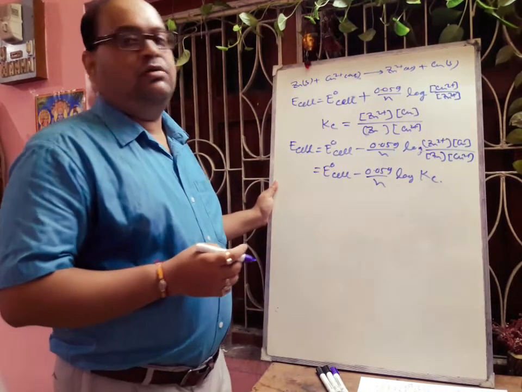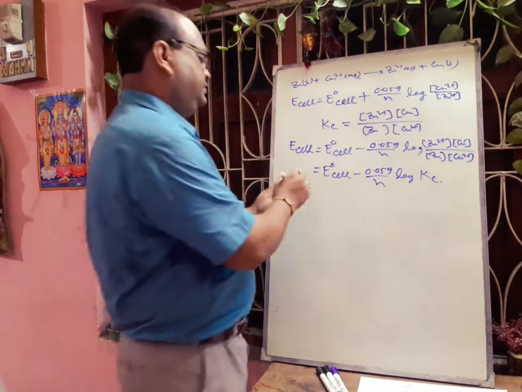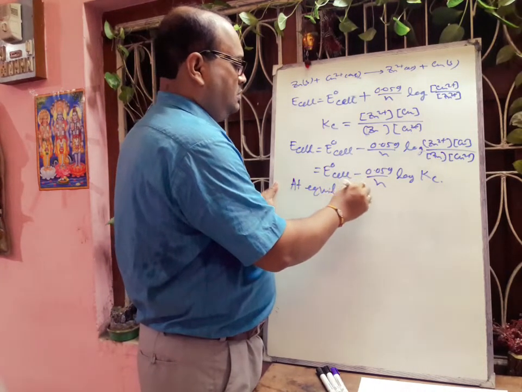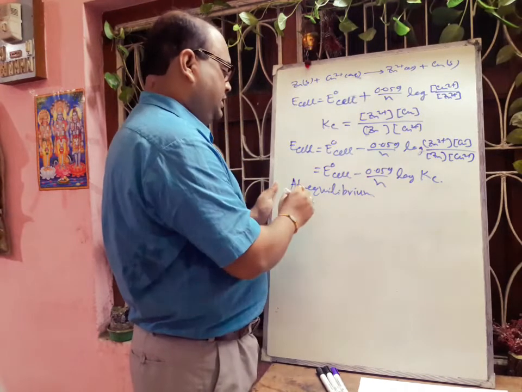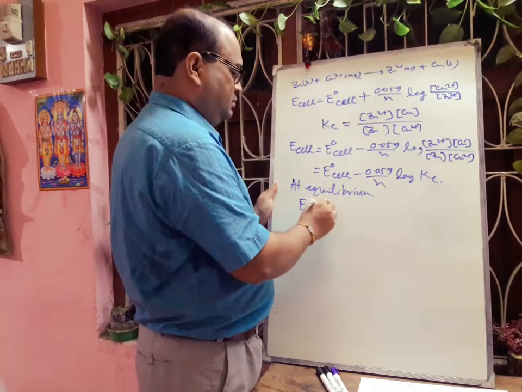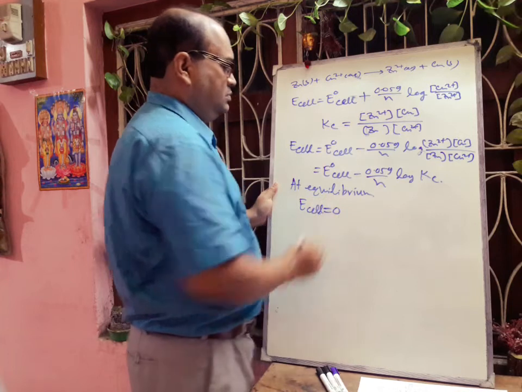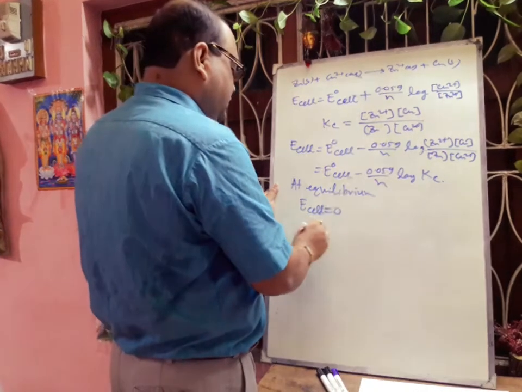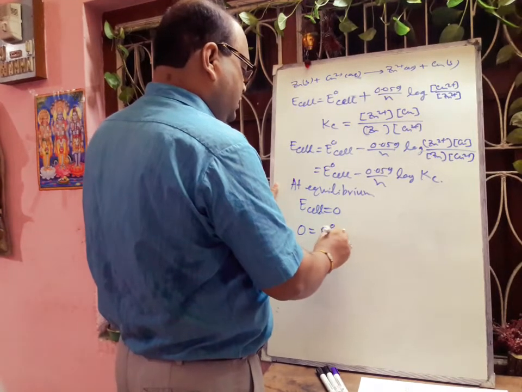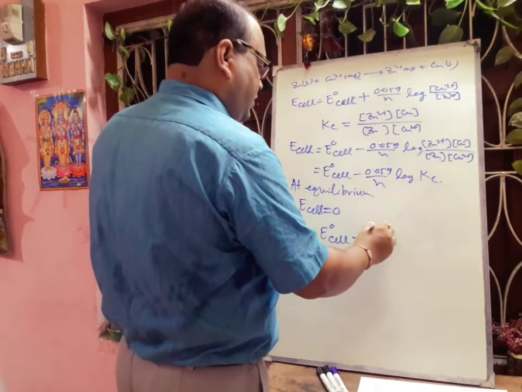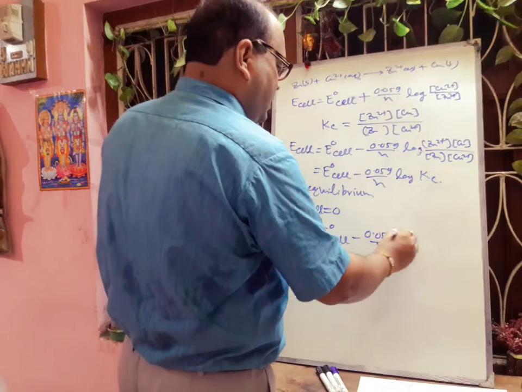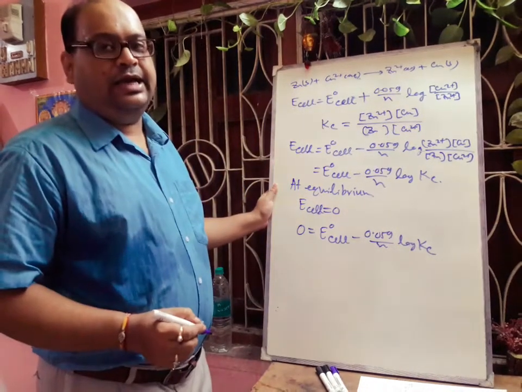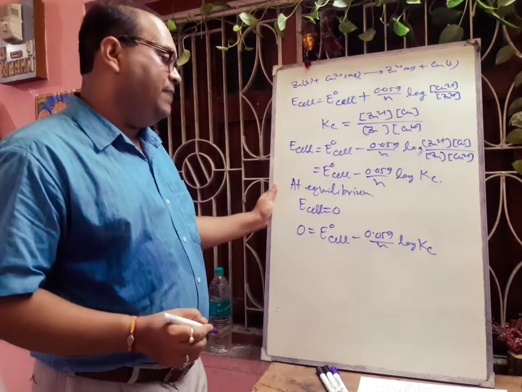Now what will happen at equilibrium? E cell will be equal to 0. If E cell is 0, then 0 is equal to E0 cell minus 0.059 by n log Kc. So from here we can easily calculate the value of Kc.